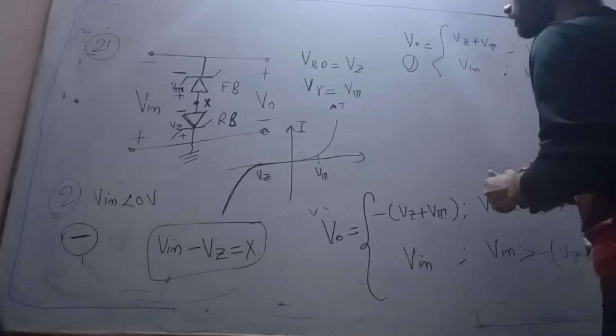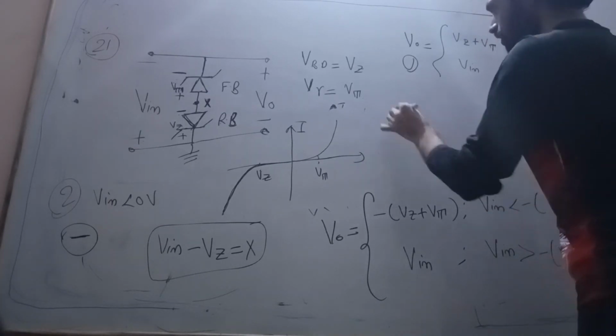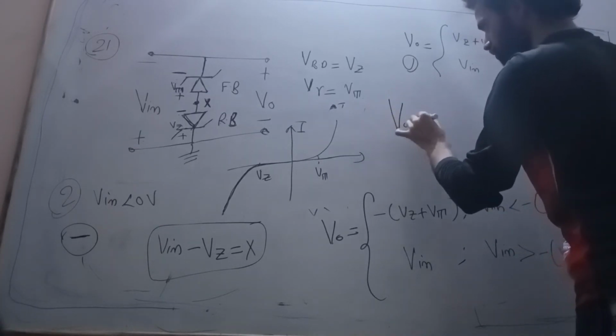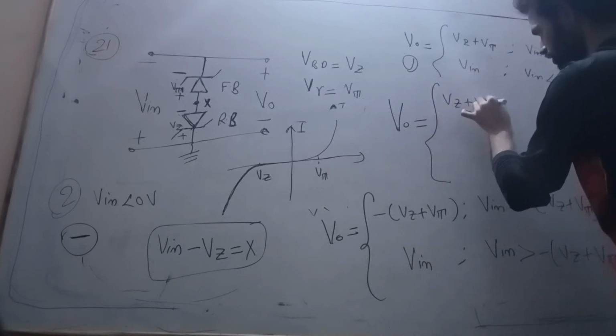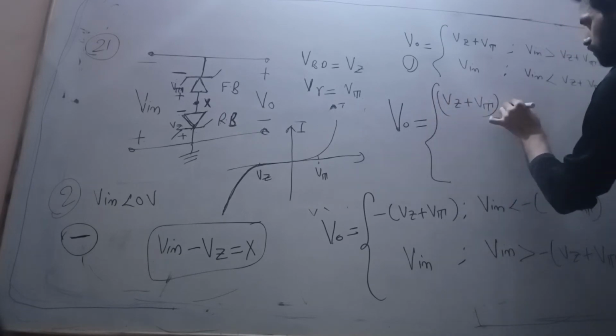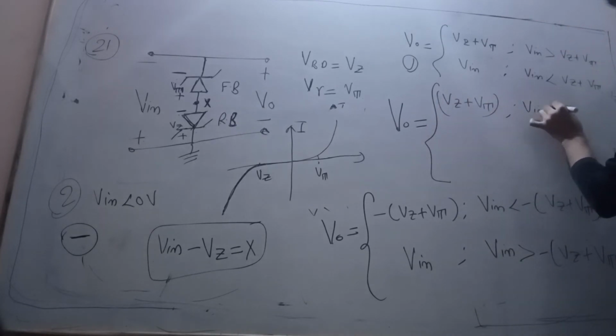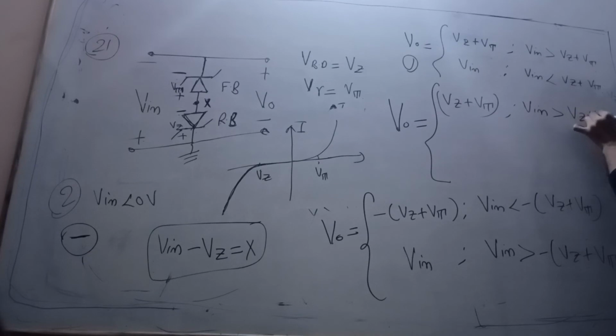Now let us write it as, V naught is equal to Vz plus Vt when V in is greater than Vz plus Vt.